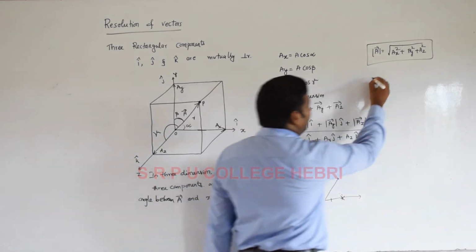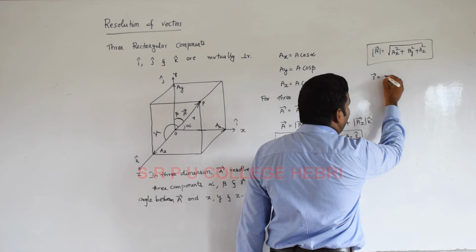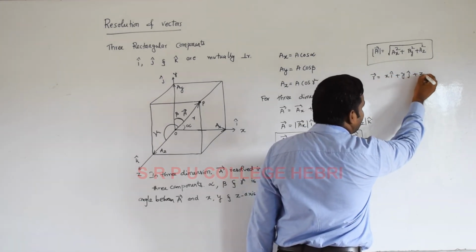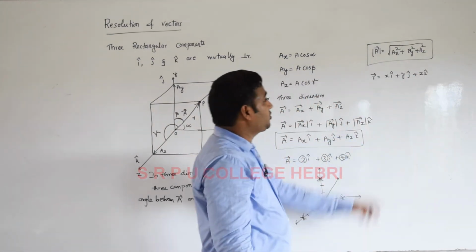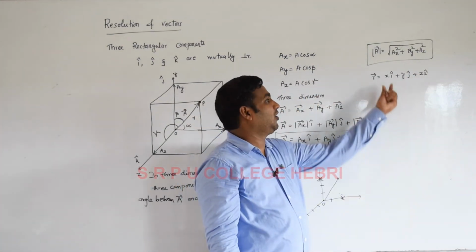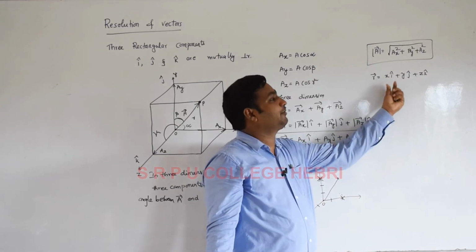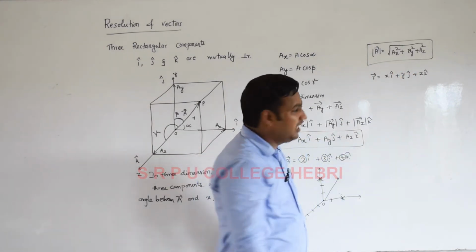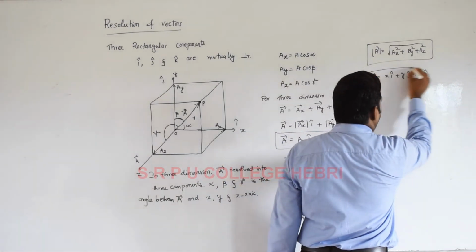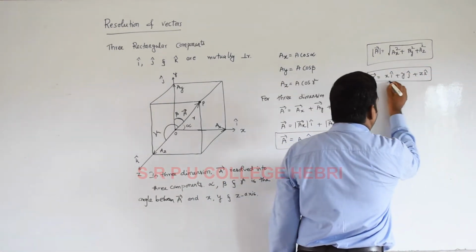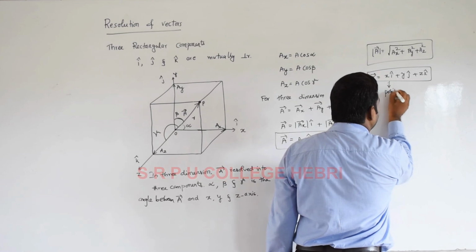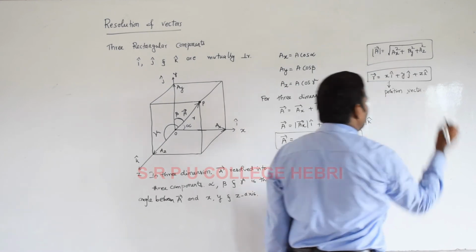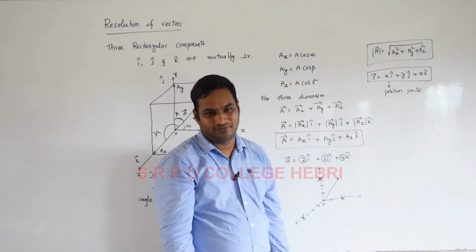That position vector r is taken as x into i cap plus y into j cap plus z into k cap. Position vector r makes a projection along the x-axis of x, along the y-axis of y, and along the z-axis of z. And this is the representation of which vector? Position vector.